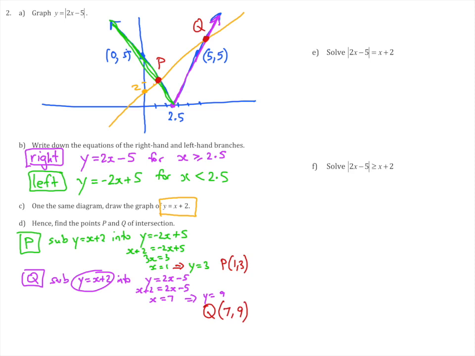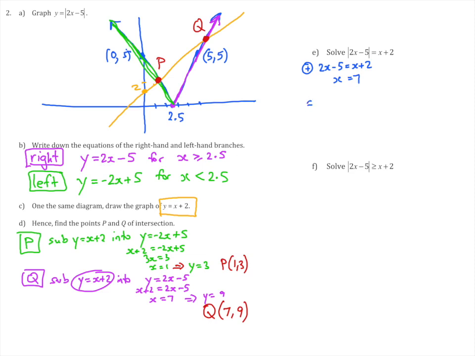Part E says solve absolute value equals x plus 2. Well, this is an absolute value graph, so I'm going to have to solve it for the plus case and for the minus case. Here's the plus case. 2x take 5 equals x plus 2, minus x to both sides and plus 5 to both sides, and I get x equals 7.